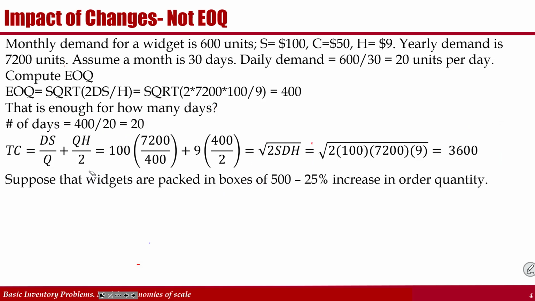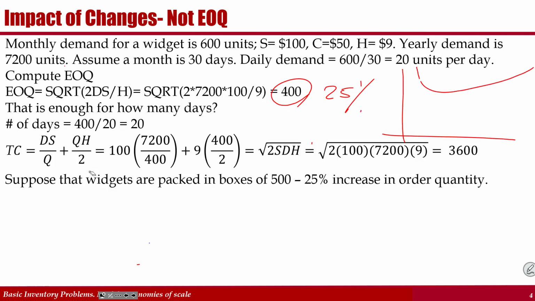But suppose this product is packed in boxes of 500, not 400. Or suppose transportation cost is lower if we transport in 500 units instead of 400. Increase Q by 25%. Let's see what would be the impact on the total cost.